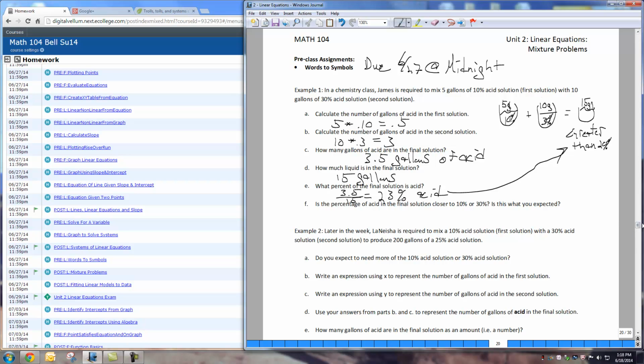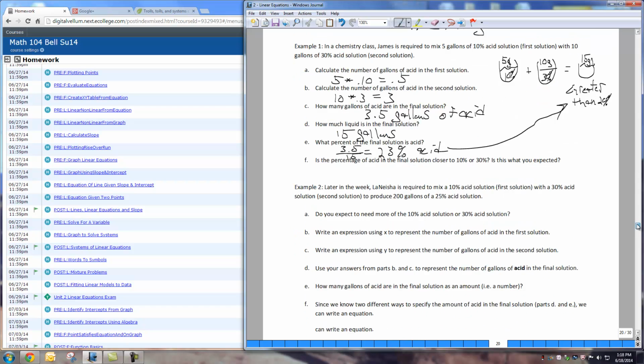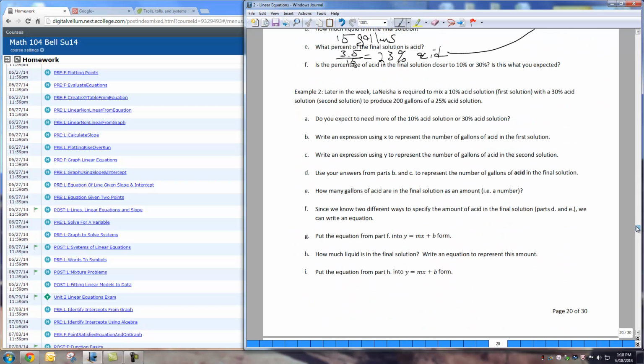Now, this is one way to come up with these values. Let's look at another example. Later in the week, Lanisha is required to mix 10% with a 30% to produce 200 gallons of 25%. So now we know the first two acid percentages, but we don't know the amount of liquid of each. But I know that these two have to total 200 gallons.